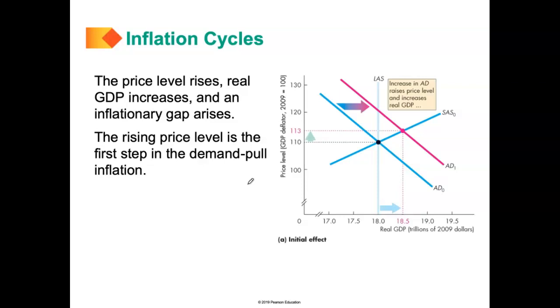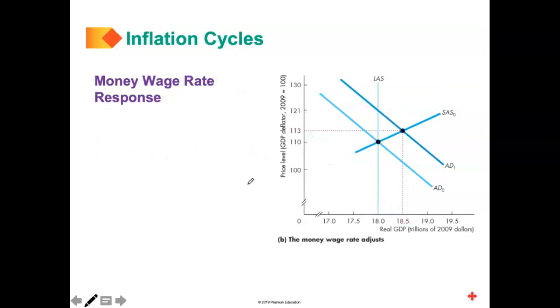So when nominal wages rise and the money wage rate increases, the short-run aggregate supply curve is going to decrease and the economy is going to correct itself to close that inflationary gap. The economy doesn't like this gap.